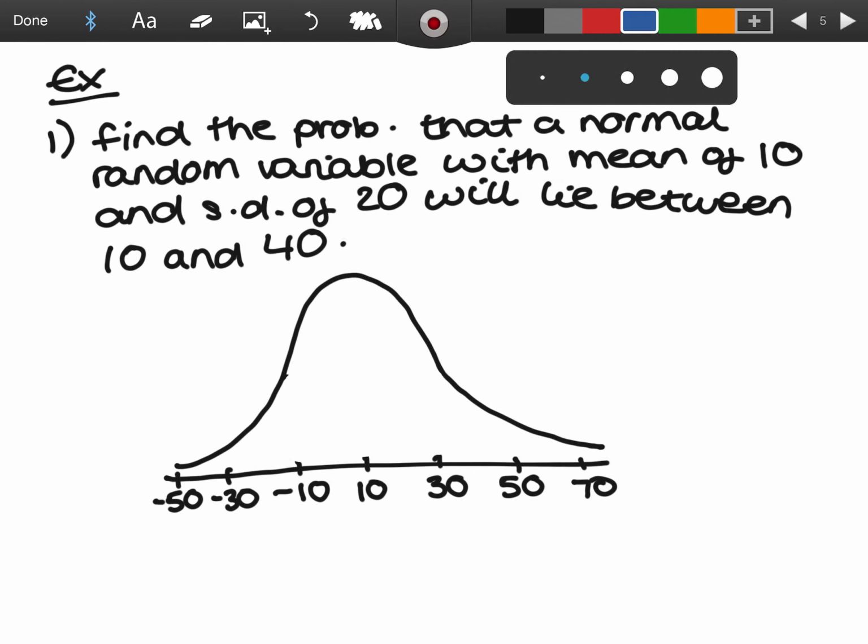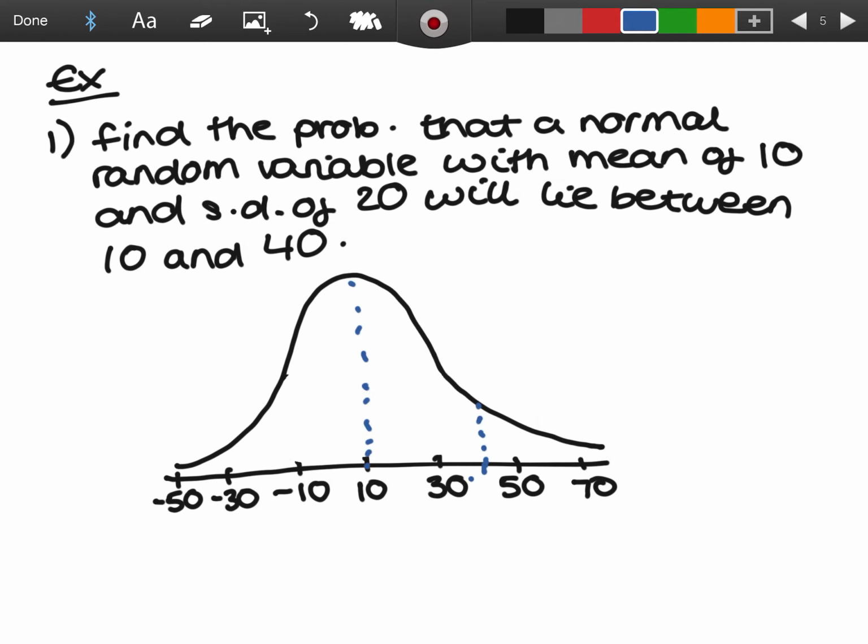Okay. My problem is I want to look between 10 and 40. So between the mean, which is 10, and between 40, which is right here, I want to know the area under the curve between those 2 points. I want the probability of landing between those 2 points. Okay?